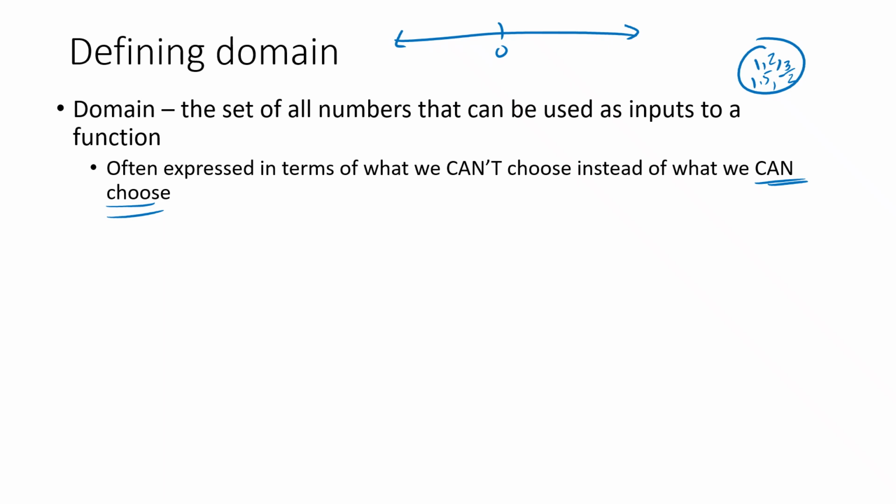It might be one number or two numbers, or a region or interval of numbers that we can exclude. So sometimes when we're talking about domain, we just say, well, I'm going to start with everything. Now that I have my set of everything, is there something I can't pick? Like maybe I can't pick a 3.